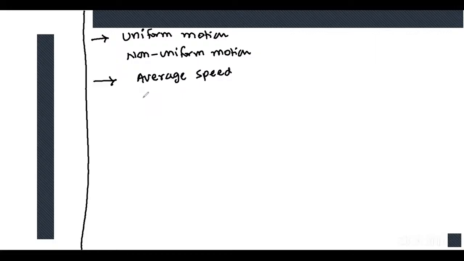Today, we'll discuss uniform motion, non-uniform motion, and thereafter average speed, average velocity, and then instantaneous velocity. These are the topics we'll discuss today.